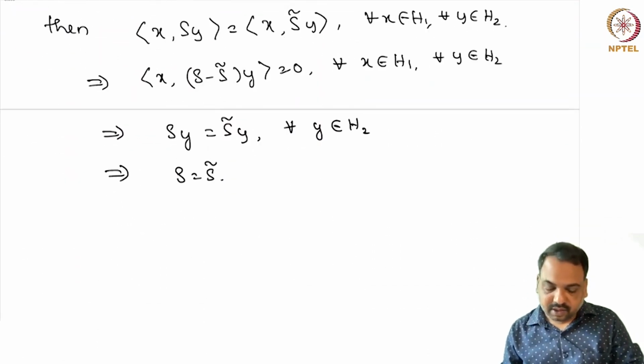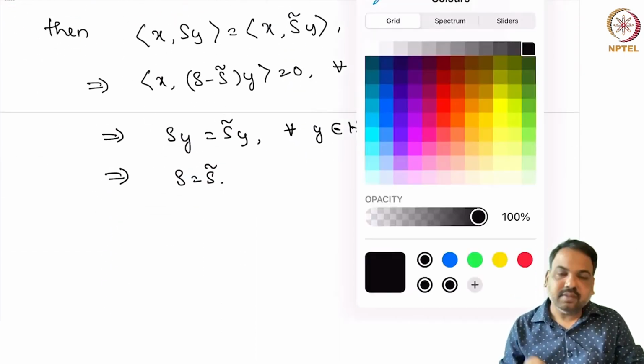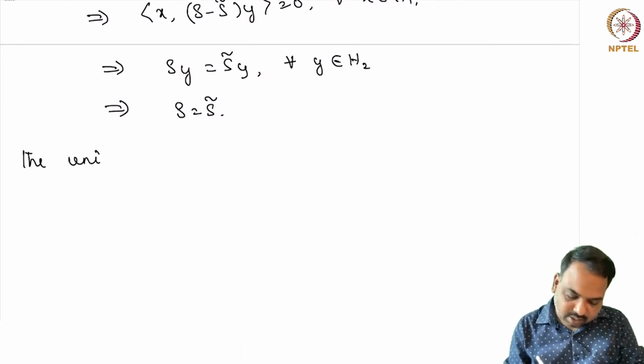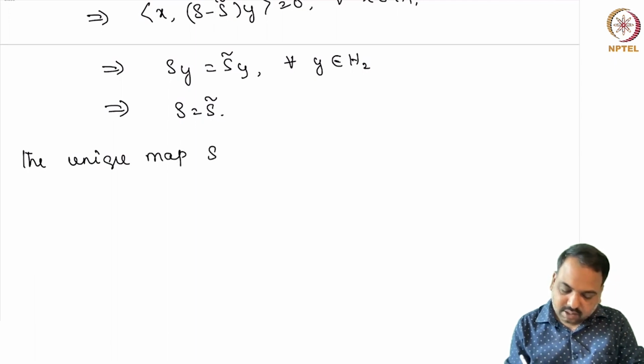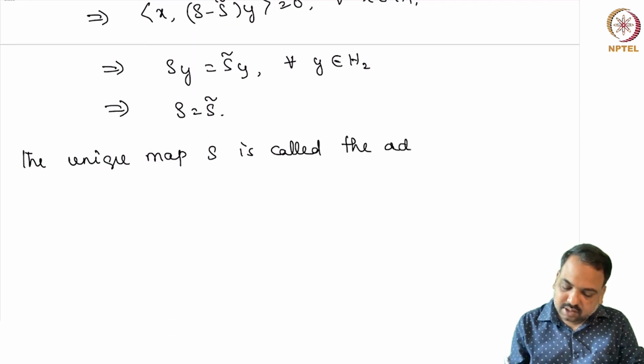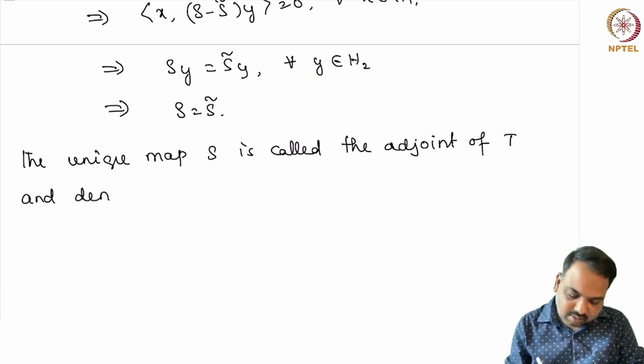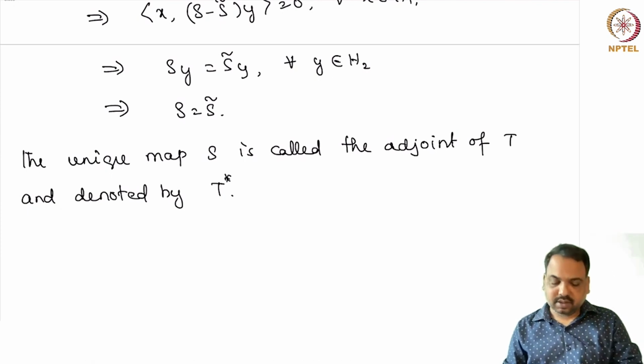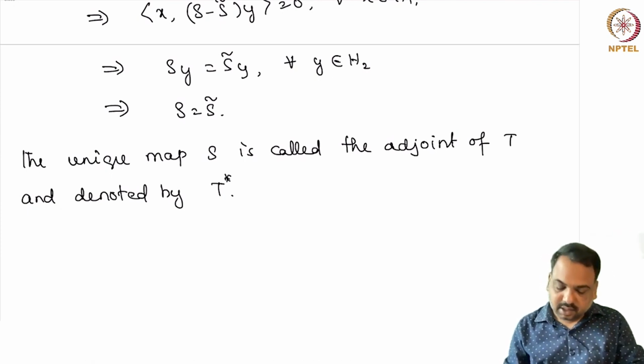Such a unique map, or operator S, is called the adjoint of the operator T, and it is denoted by T star. In other words, we can write S equal to T star in the earlier equation.